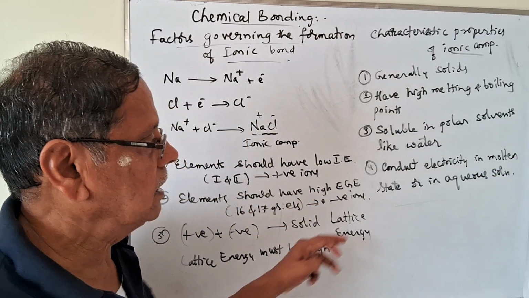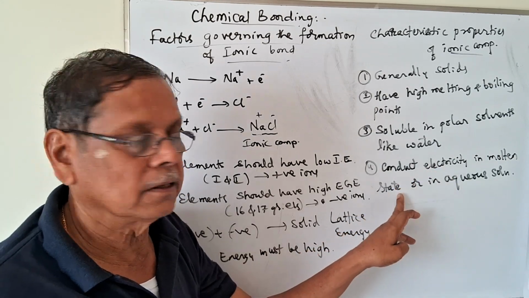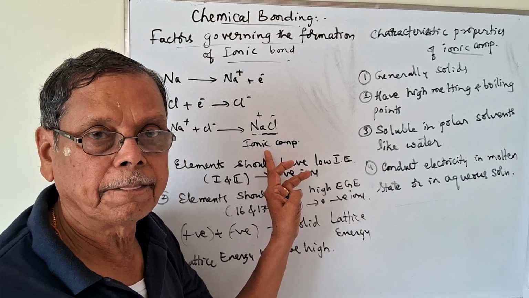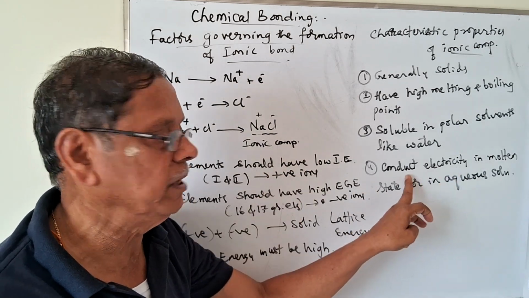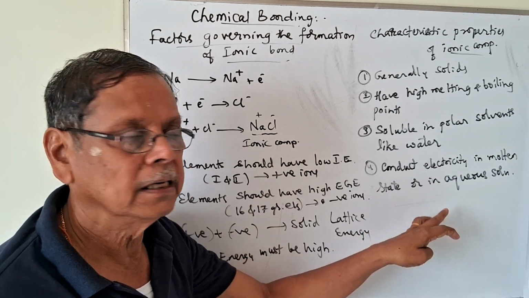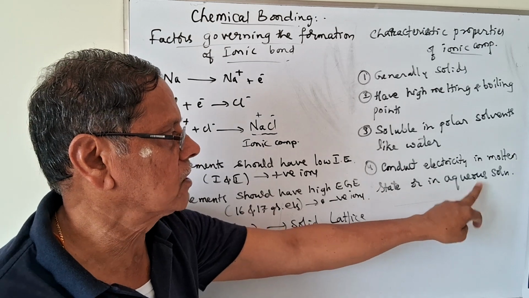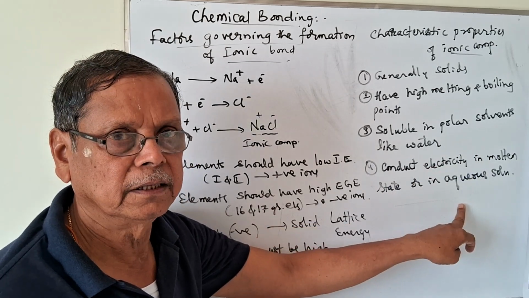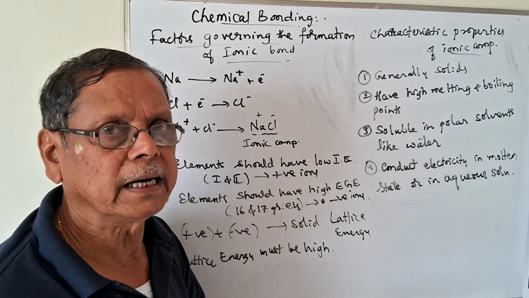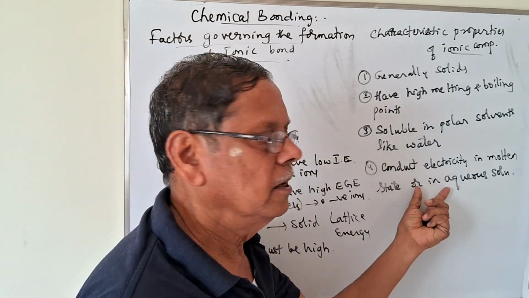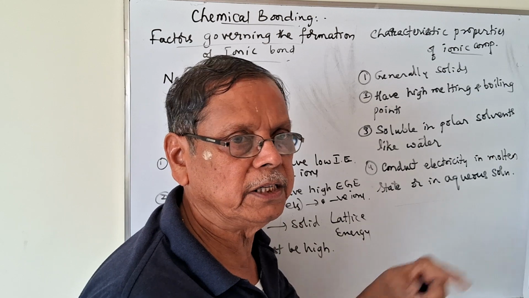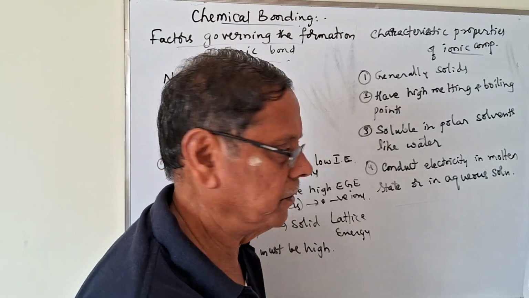When you consider a molten ionic compound, it is highly conductive in nature. It conducts electricity. Similarly, in the aqueous solution also, because of the presence of the ions in the aqueous medium, they conduct electricity. This conduction of the ionic compounds in the molten state or in the aqueous solution is due to the migration of the ions.